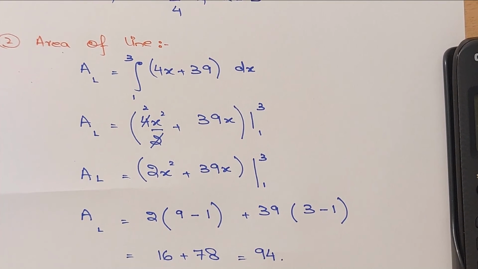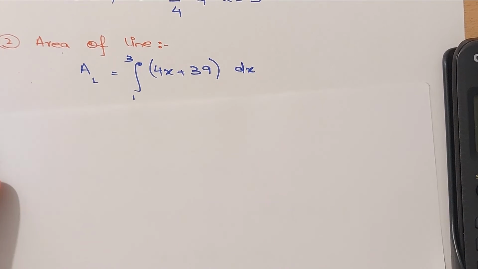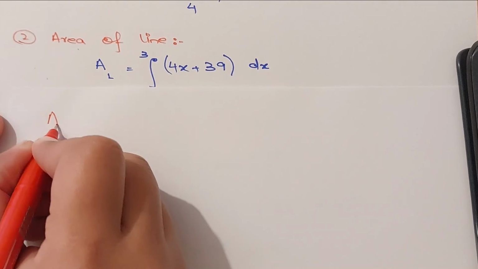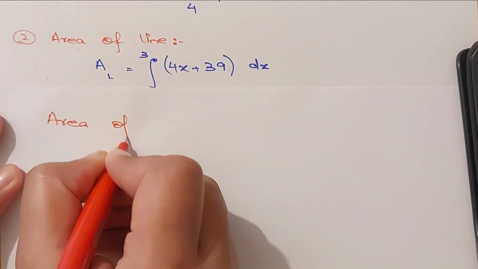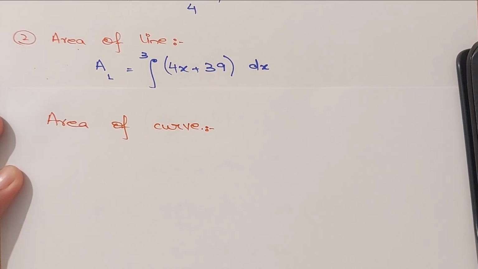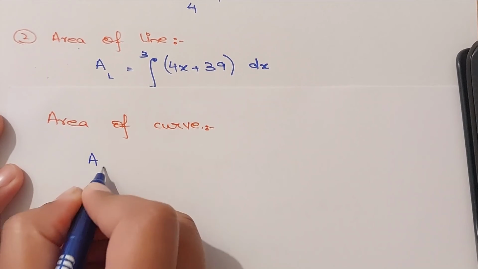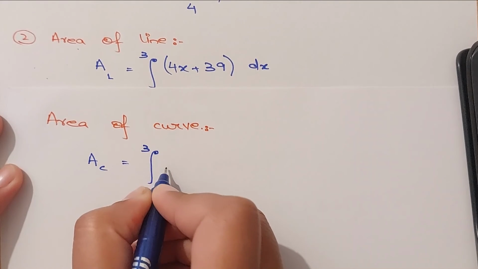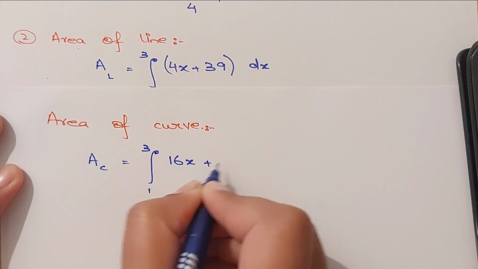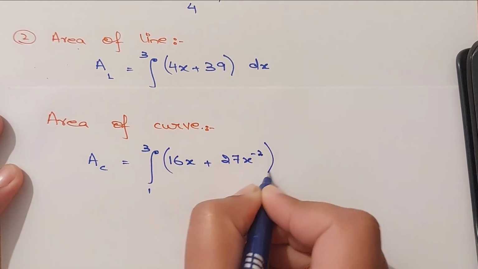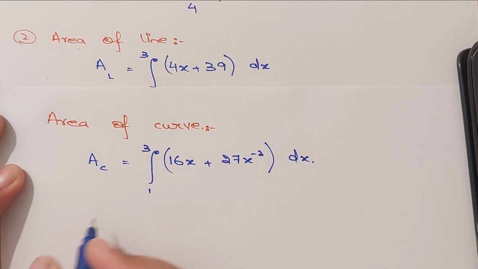Now the second thing is we need to find the area of the curve between the points 1 and 3, right? So let me find the area of the curve. The area of the curve is the integral of 16x plus 27 x exponent minus 2 with respect to dx, right?